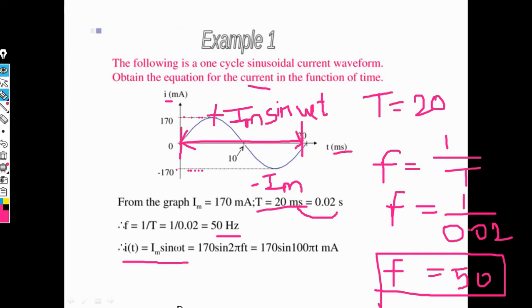Here omega is equal to 2 pi f. This is the important formula for omega, 2 pi f.